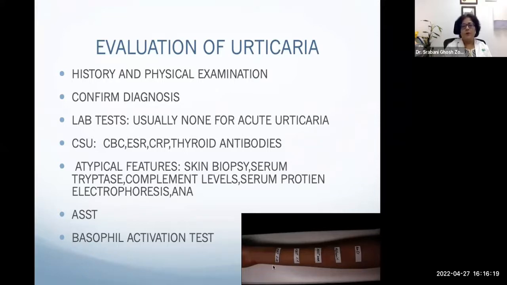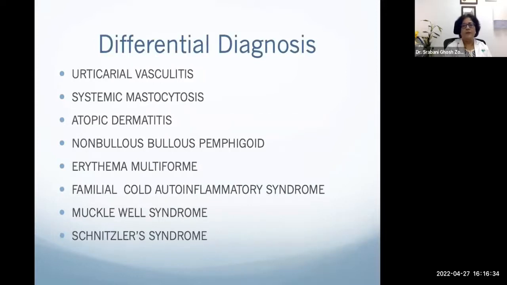So this can be done in case of autoimmune urticaria. And basophil activation test: basophils are involved in chronic urticaria, so quantification can be useful for screening in cases of autoimmune urticaria only. Now coming to the differential diagnosis, because not always is diagnosing urticaria that straightforward.